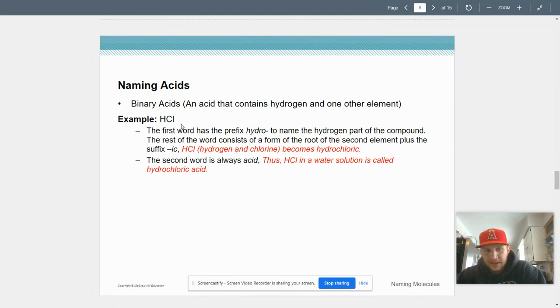So in this case, hydrochloric, and then our second word will always, always, always be acid. So HCl is going to be called hydrochloric acid. Again, this is for binary acids, meaning hydrogen and one other element. If you see more than 2 elements in there, it's not going to be this naming scheme.